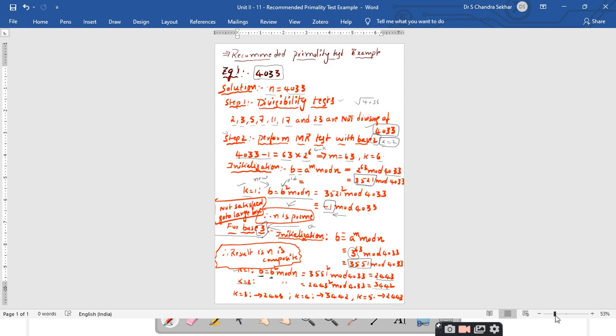I get the new b value as 3442. If k is equal to 3, I get the new value of b as 2443. If the k value is 4, I get the new value as 3442. And finally, the last iteration, k equal to 5, gives the result as 2443.